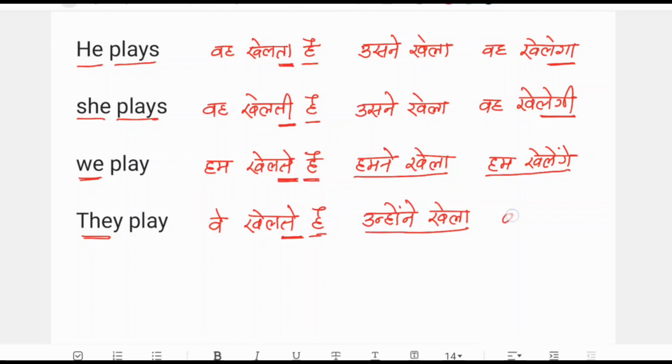And वे खेलेंगे means they will play. So in this way we can easily frame different Hindi sentences in present, past and future indefinite tenses.